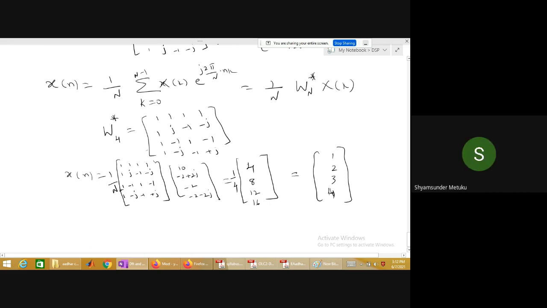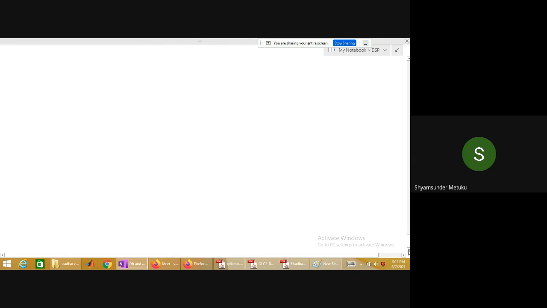So up to 4 points is okay. If I ask for an 8-point DFT, don't you think you need to calculate again a transformation matrix, 8 by 8? Yes, we need to calculate first. So the transformation matrix method is suitable up to 4-point DFT.